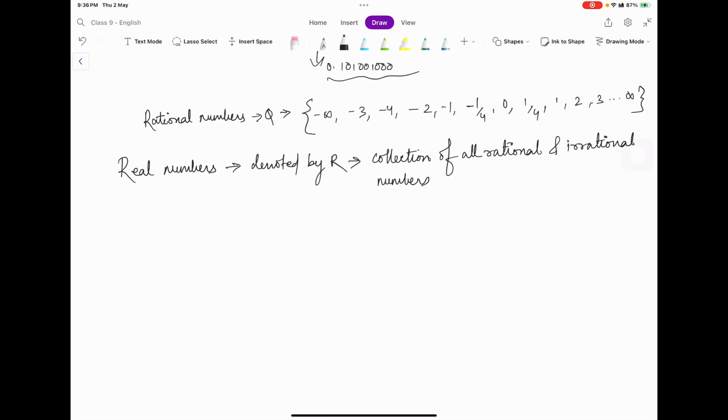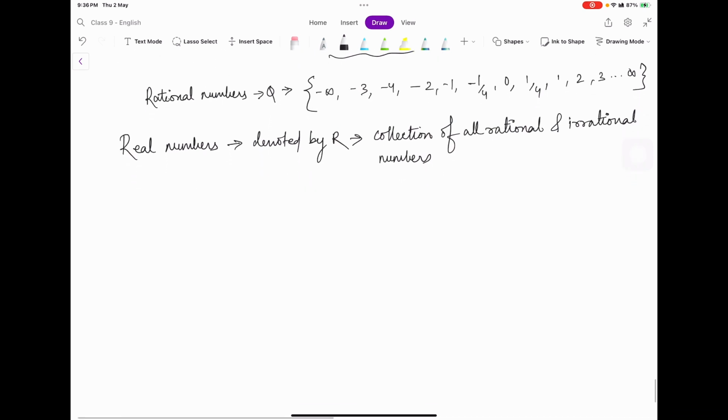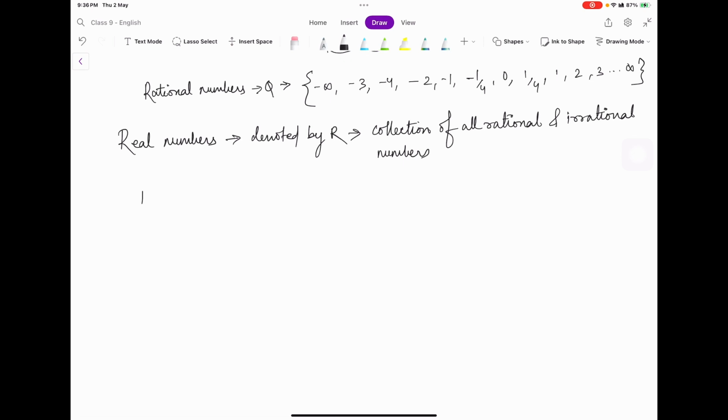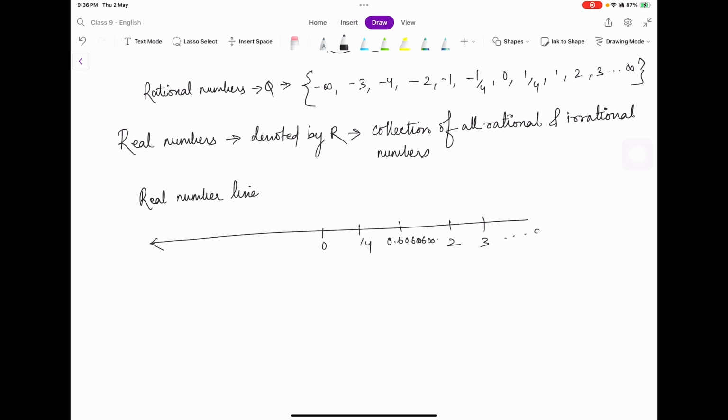So this is the definition. And the real number line also is there. If the number line represents rational numbers, like 1/4, 0.6060 like these, then 2, 3 and so on.